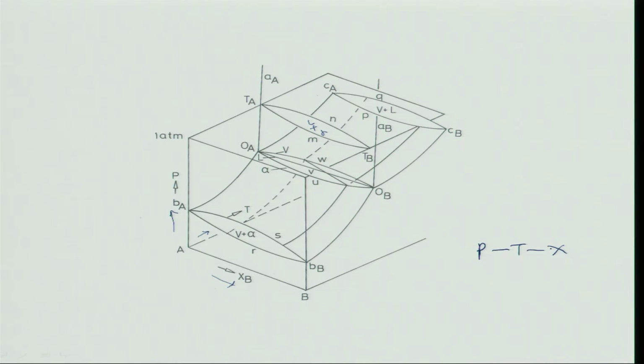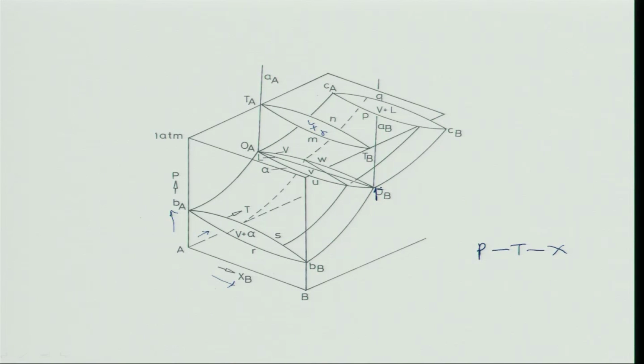Before I go about it, let me just tell you what this diagram is about. Here, the point OA corresponds to the univariant point of A. That means this is either the melting temperature or the vaporization temperature of A. Similarly, point OB corresponds to the univariant point of B. It can be anything, melting temperature or vaporization temperature.